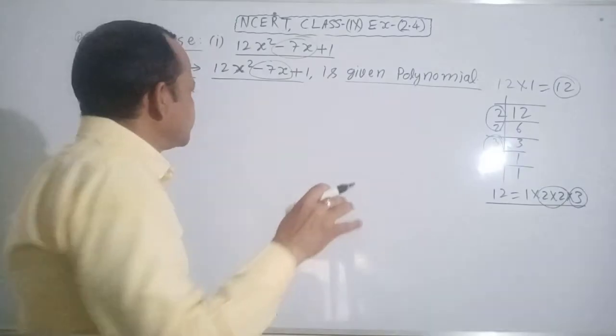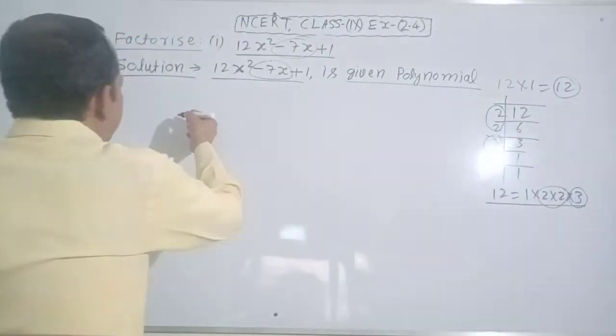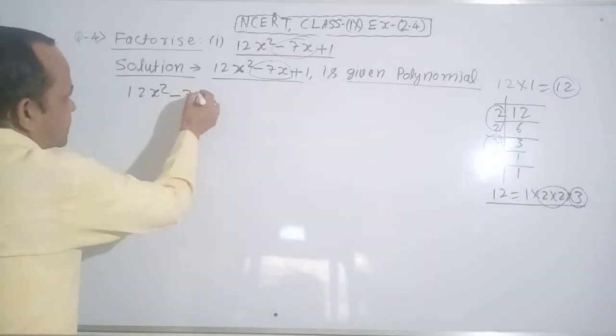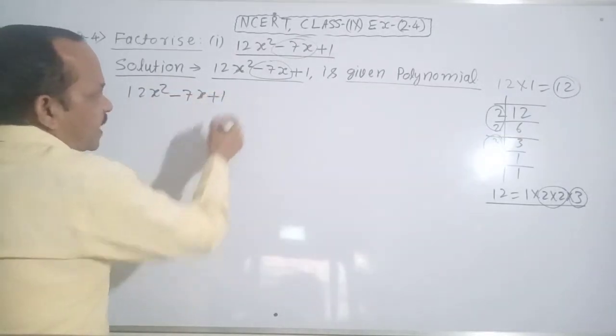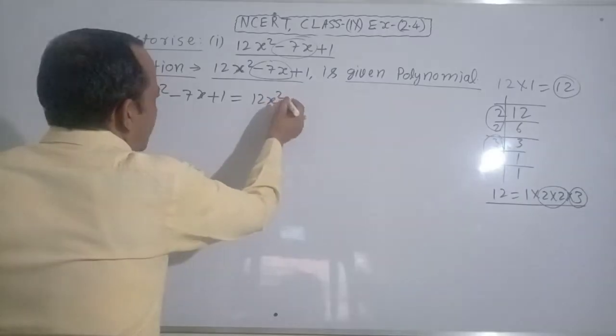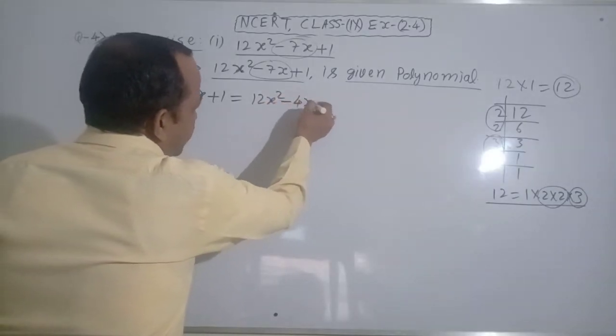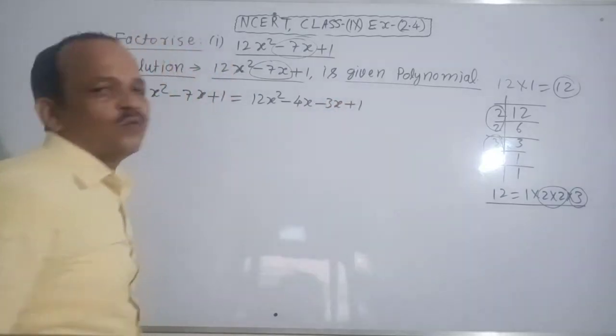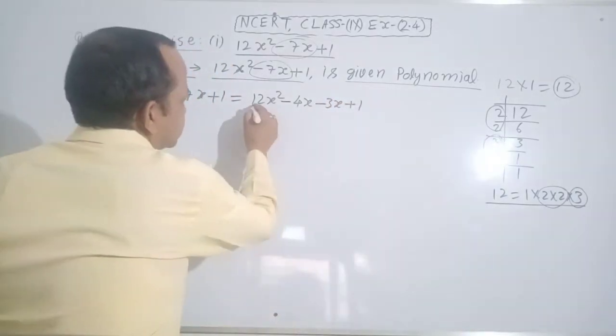Here you can write 12x square minus 7x plus 1 equal to 12x square minus 4x minus 3x plus 1, by splitting the middle term.